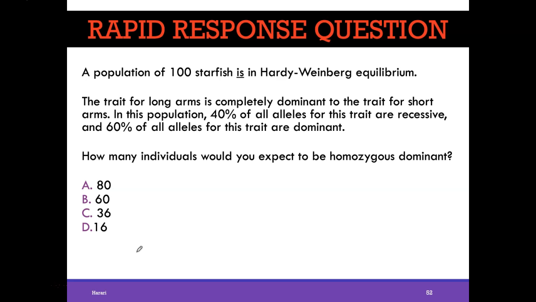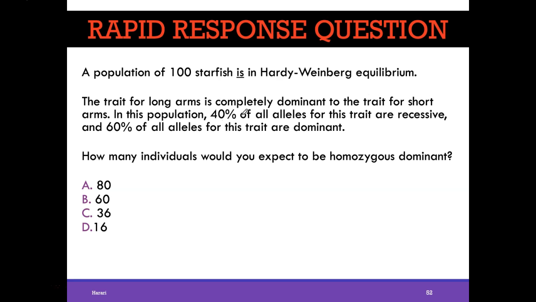And now we will do a first sample of a Hardy-Weinberg problem in this rapid response question. So pause here and try your best to get the answer on your own. So we're told that there's a population of 100 starfish in Hardy-Weinberg equilibrium, and the trait for long arms is completely dominant to the trait for short arms.